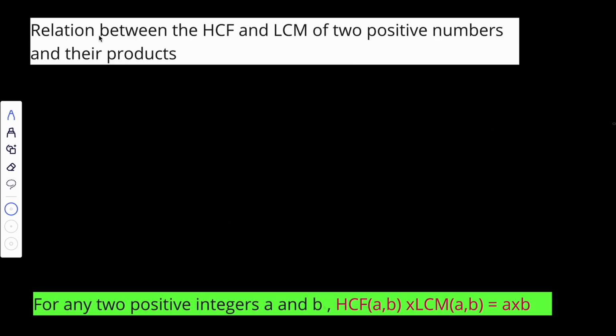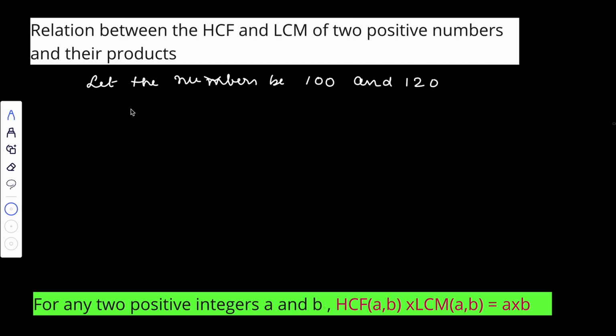Now we are going to find the relation between HCF and LCM of two positive numbers and their products. I'll take one example. Let the numbers be simple numbers. I'll take, they are 100 and 120.